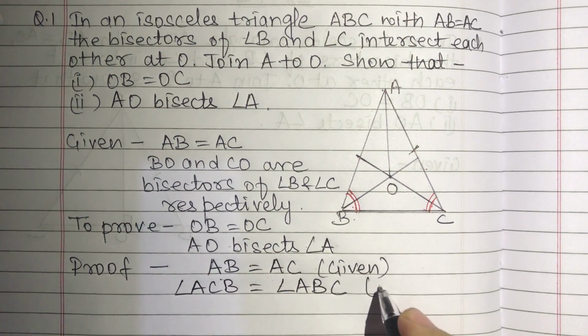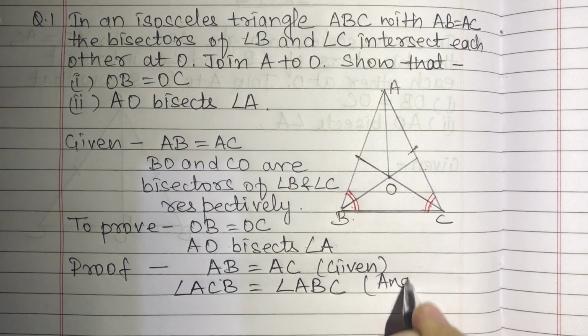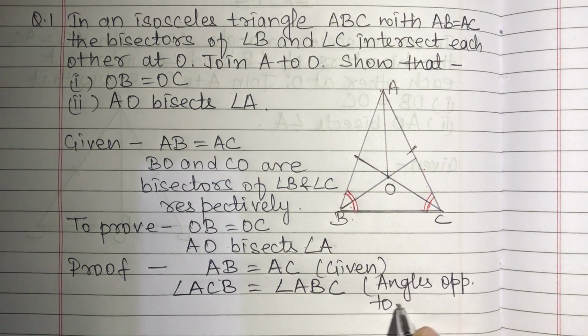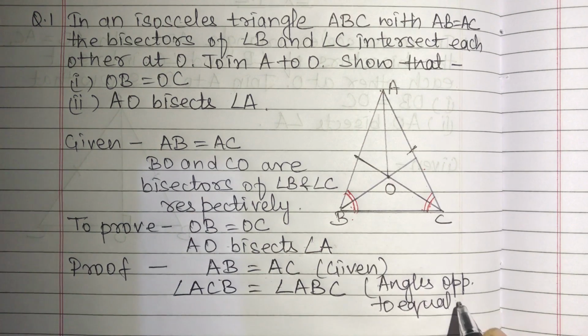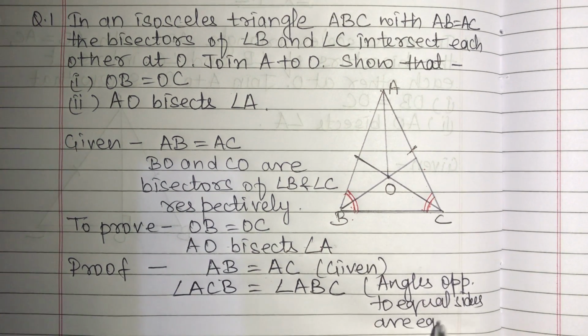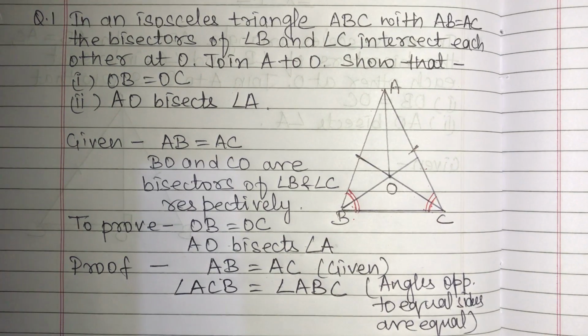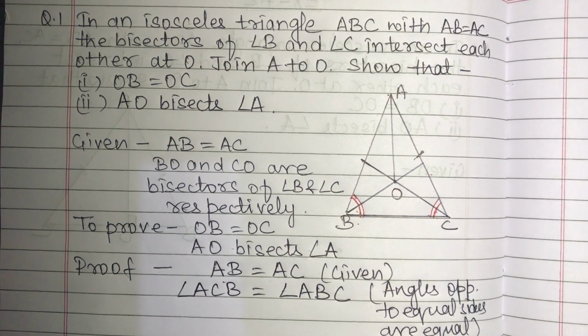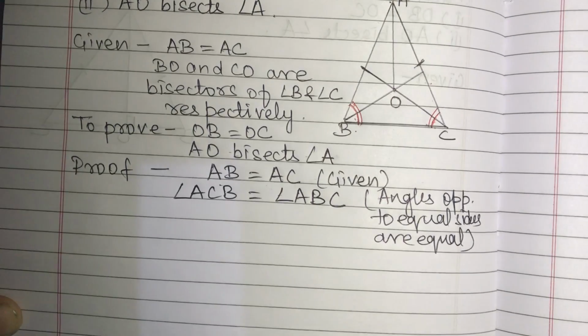Why? Because angles opposite to equal sides are equal. So angle ACB equals angle ABC.